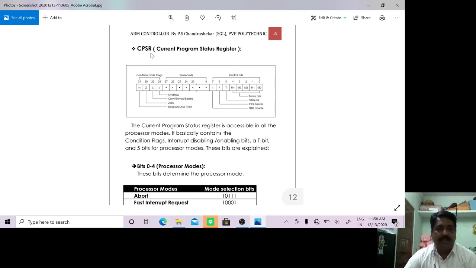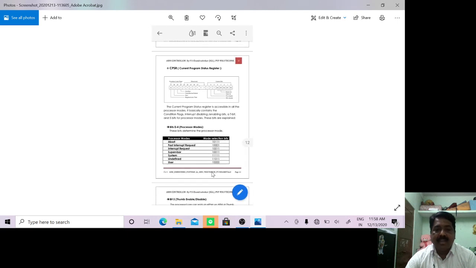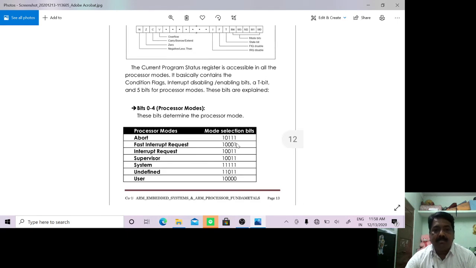It is possible because, for example, suppose a fast interrupt request has come. Then the fast interrupt request mode, which is a privileged mode, will be selected. When the fast interrupt request mode is selected, the processor provides the saved program status register related to the fast interrupt request mode.